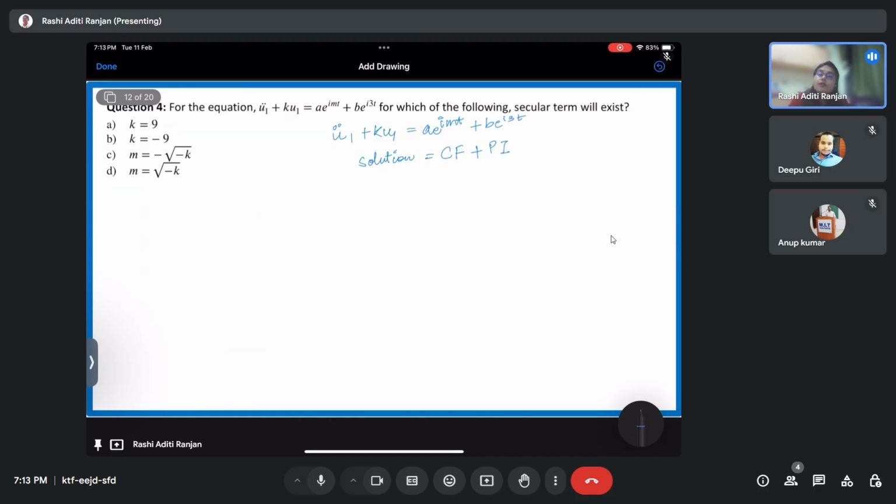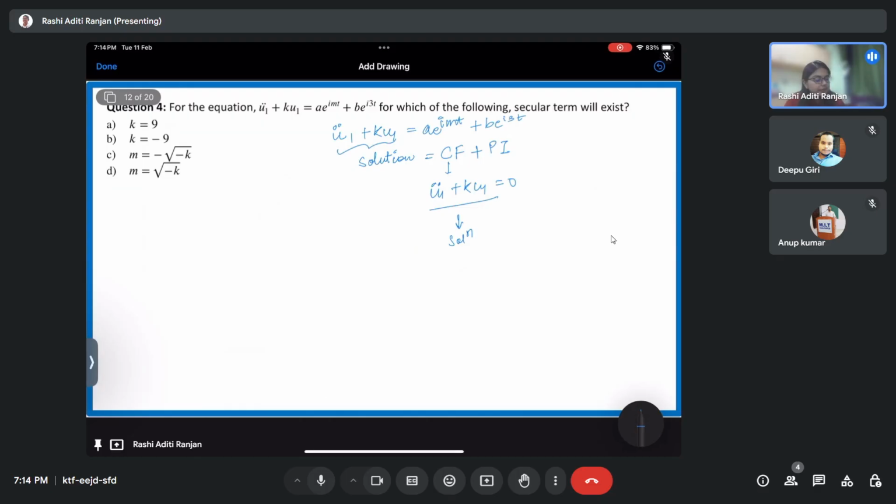If I want to find the complementary function, I can simply find it by this equation. Here I assume that my u1 double dot plus k u1 is equals to 0. From here I get the solution, which is the complementary function. But I want to find the particular integral. So if my expression on the right hand side is of exponential form, then I have a formula for calculating the particular integral.